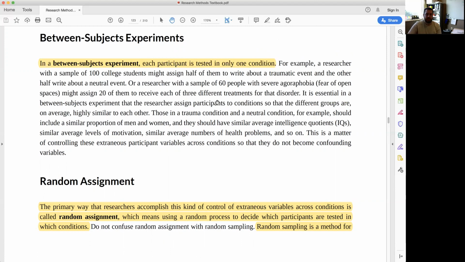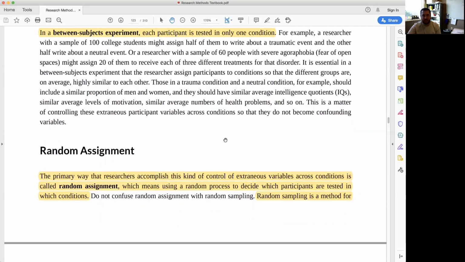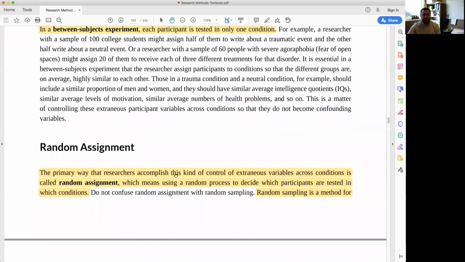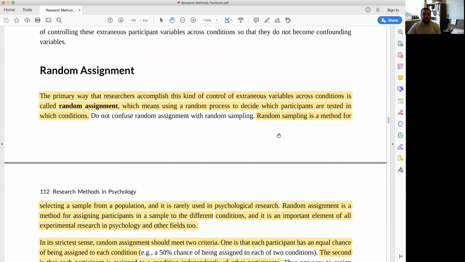And then I would have somebody else come in, look at a different image, same exact story though, and ask them to rate on that, right? So it's between subjects, they were only allowed to be in one condition. There's pros and cons that we'll talk about in this section, but one of the things that we need to make sure happens is random assignment.